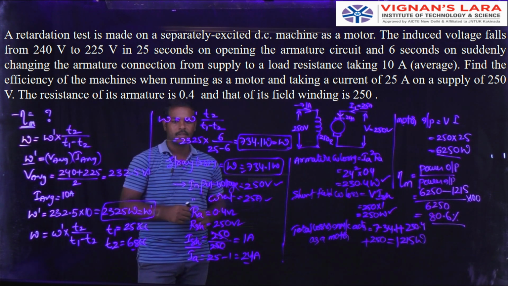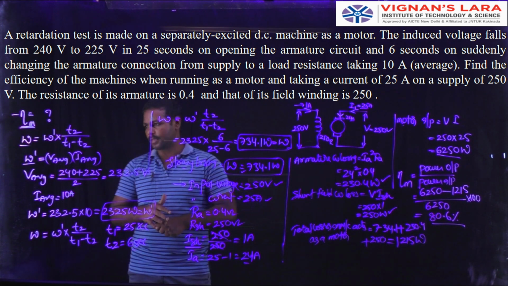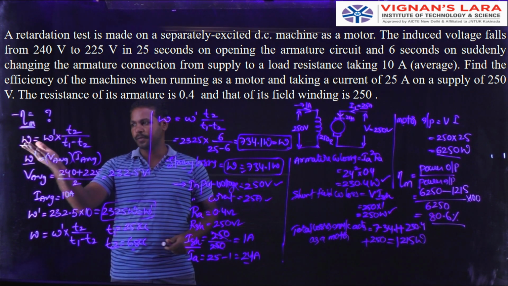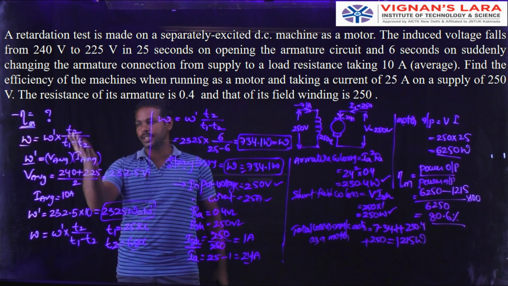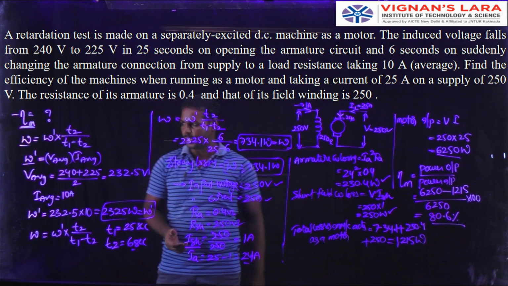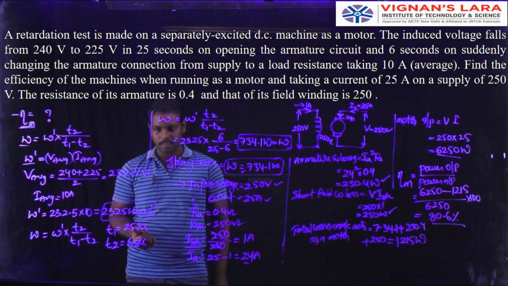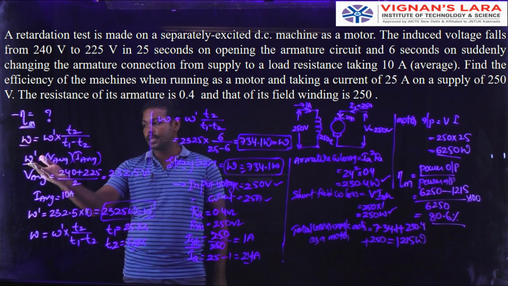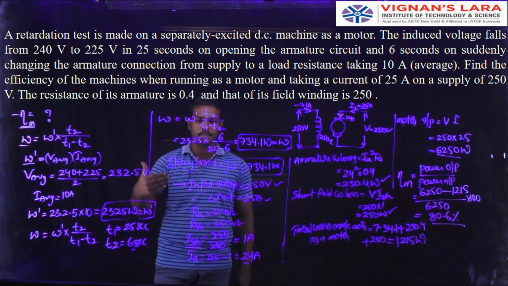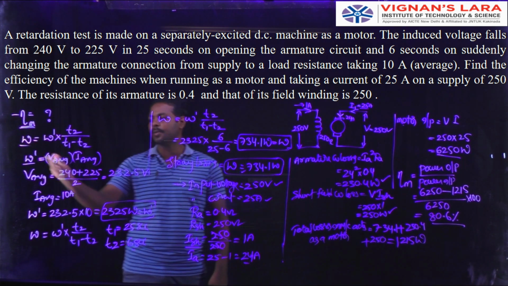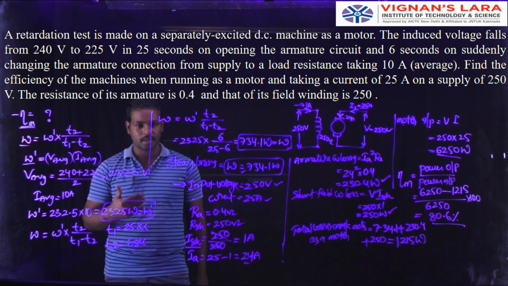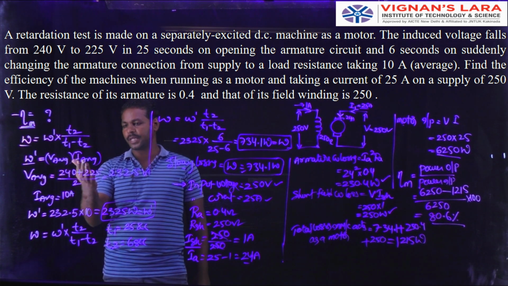First of all, to find the efficiency of a motor by using the retardation test, we know the given expressions. One is the stray losses of a given machine, W is equal to W dash into T2 by T1 minus T2. W dash is calculated from the average voltage and current, the average power absorbed, W dash is equal to V average into I average.